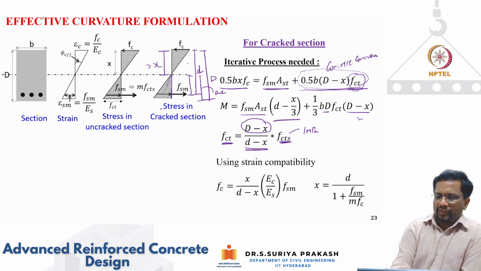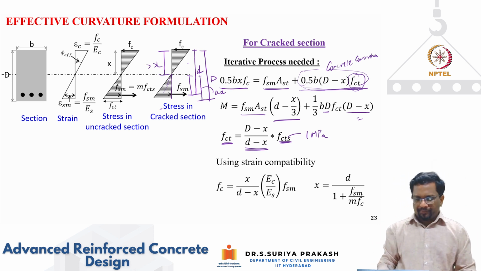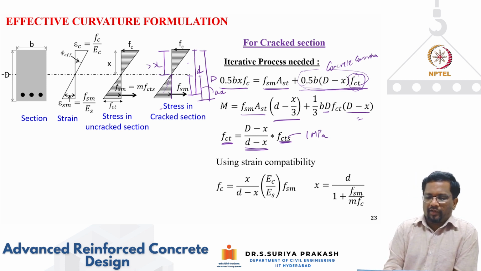So once we get these values, once this is kept as 1 megapascal, now using this and this, I can find your neutral axis depth. And once the neutral axis depth is calculated, I can calculate my fsm as the elastic modulus multiplied by that 1 megapascal that we have kept.